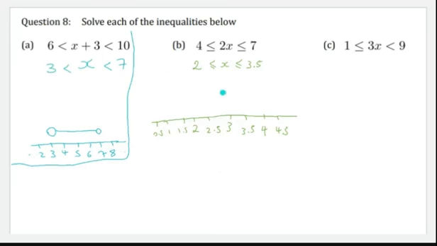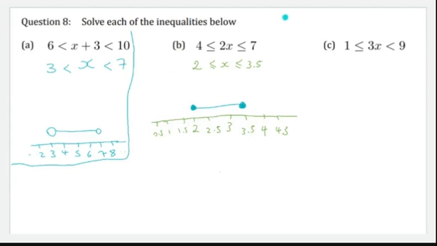Okay, so I'm going to color the 2. And let me ask you a question. What else am I going to do? Color up to 3.5 and color the circle as well. Yeah, very good. And then draw the line in between. That's it.